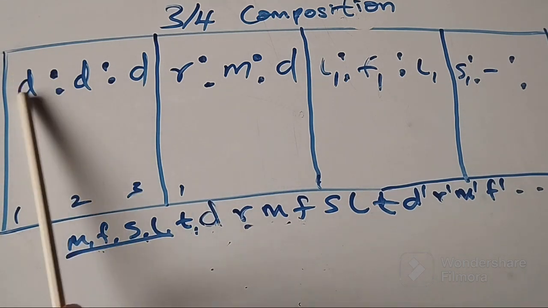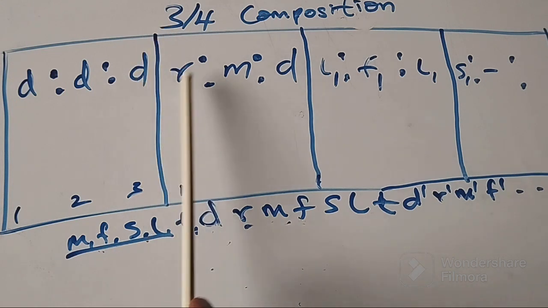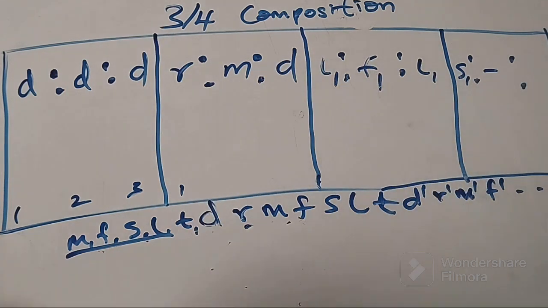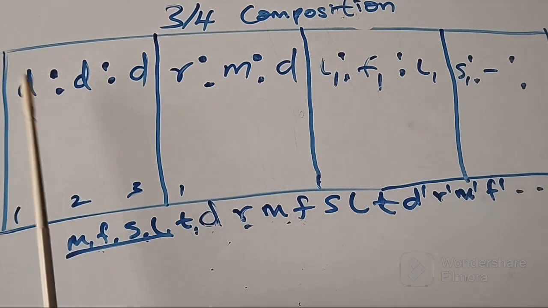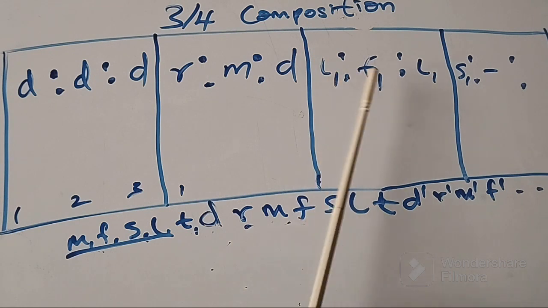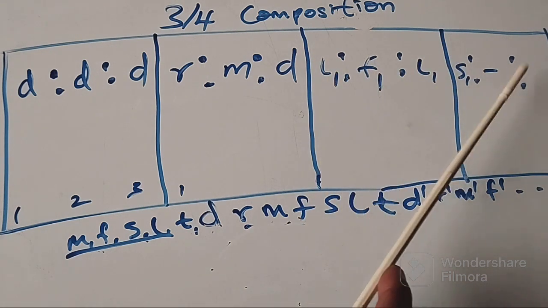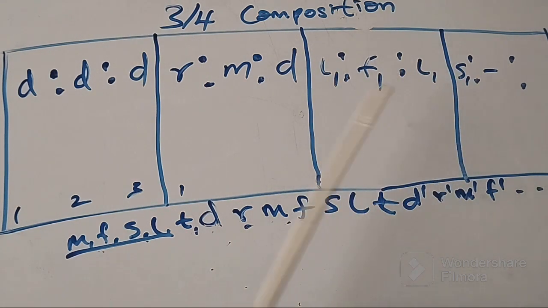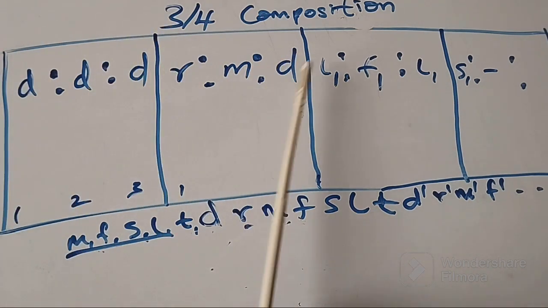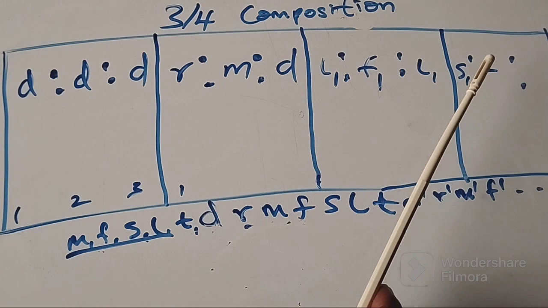Okay, let's sing what we have written. Do re mi do la fa la sol. Do re mi do la fa la sol. Just draw one beat. Do re mi do la fa la sol.